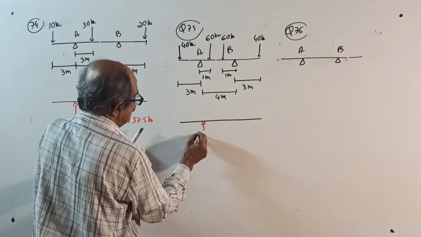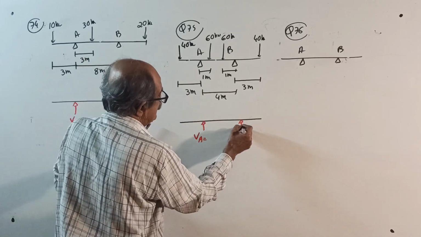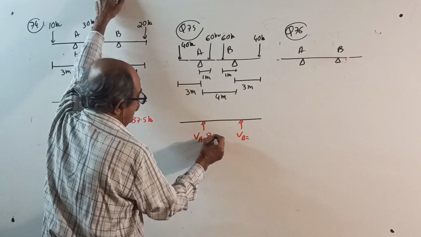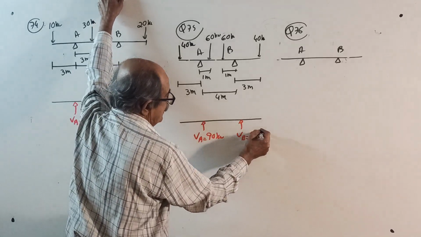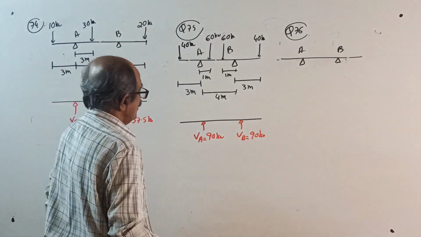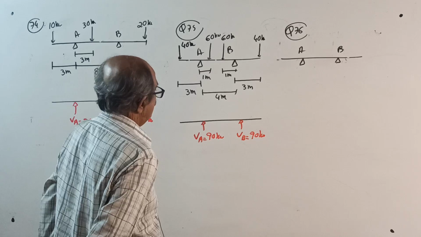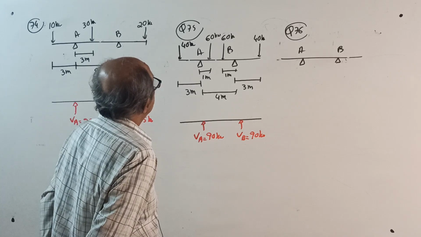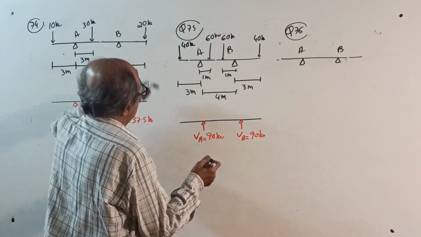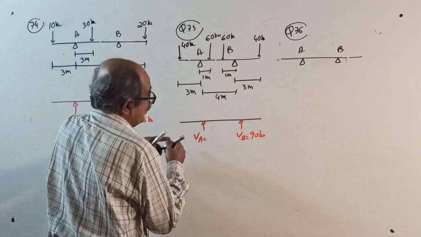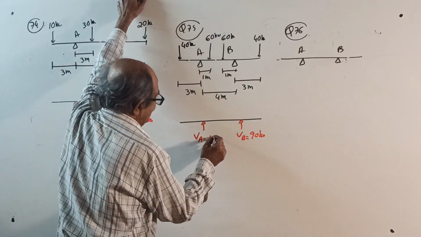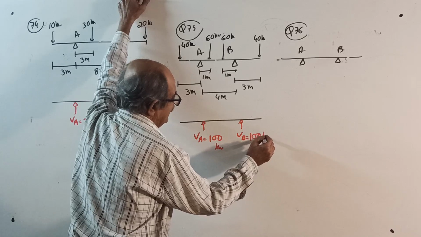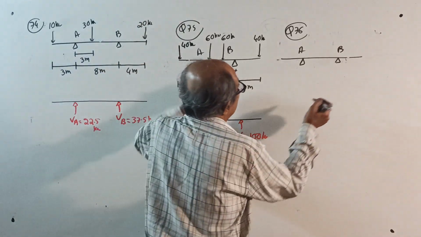Directly VA, VB, 90 kilonewton and 90 kilonewton. No, not 90, 100 kilonewton. Oh, sorry, I made an addition mistake. 100 kilonewton. It happens sometimes.